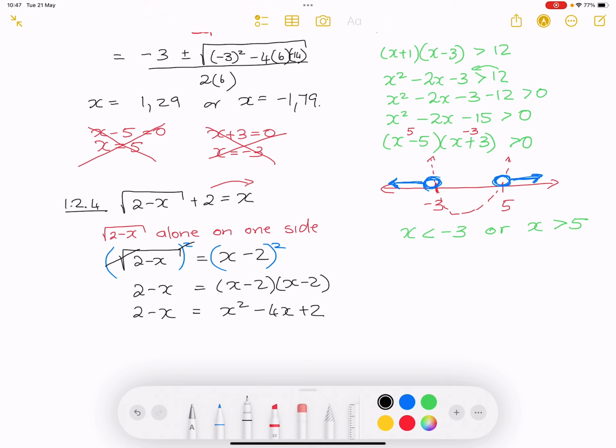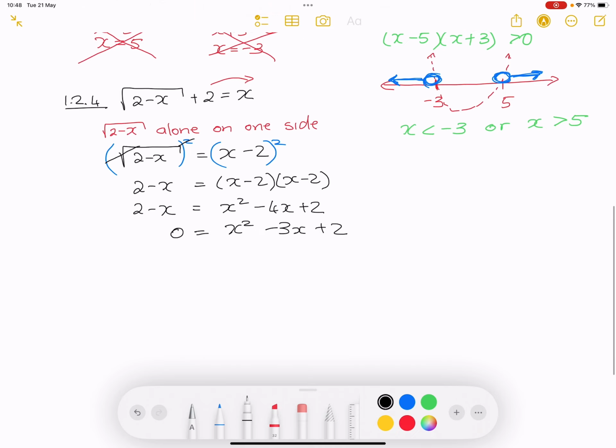Now I take everything to the left, so 0 is equal to x squared minus 3x plus 2. Then it means you have to factorize.